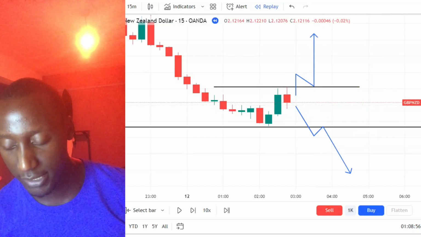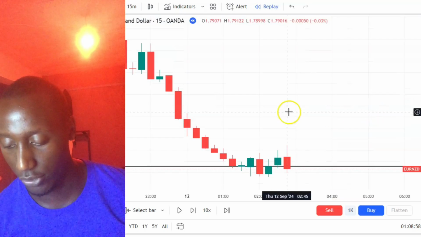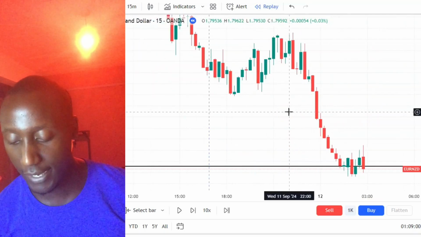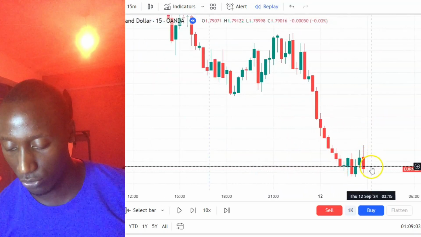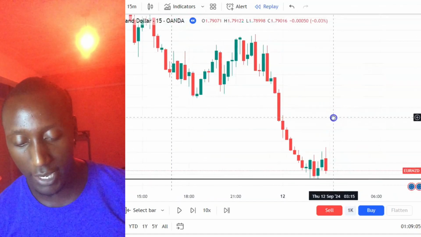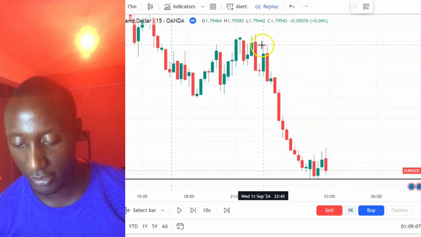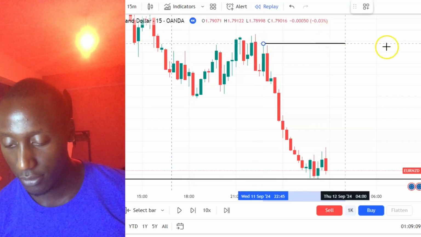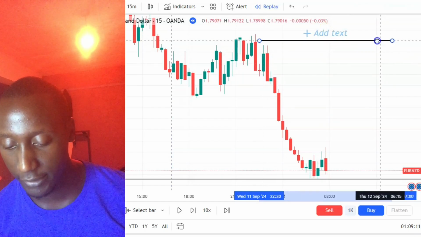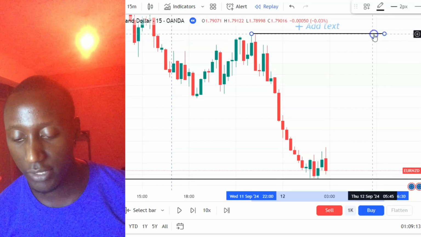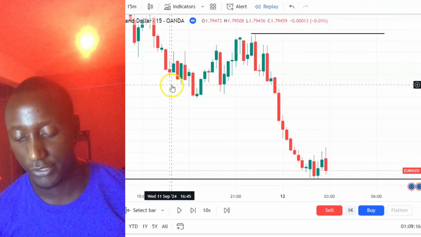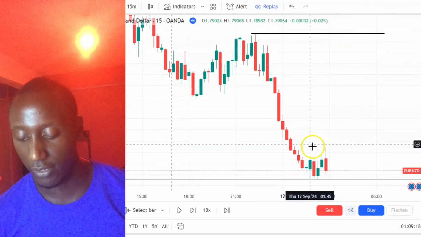So the best example occurred yesterday on Euro NSD. And you can see this because first we have a very nice downtrend from the high of the day. So the high of the day is the highest point price has reached from the open. We have the low of the day.